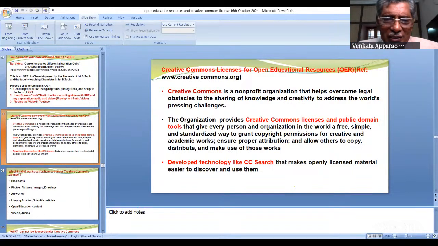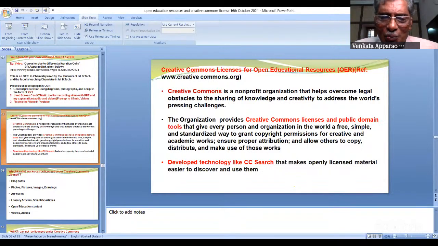So this is the website, www.creativecommons.org. That is the website for Creative Commons. Creative Commons is a non-profit organization that can help overcome legal obstacles to the sharing of knowledge and creativity to address the world's pressing challenges.